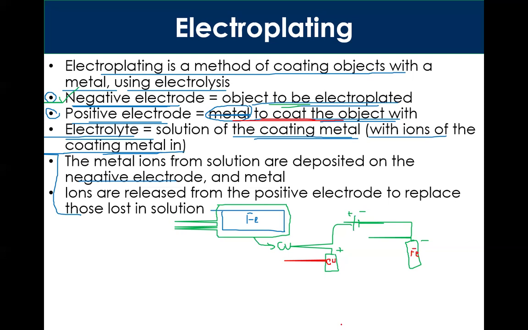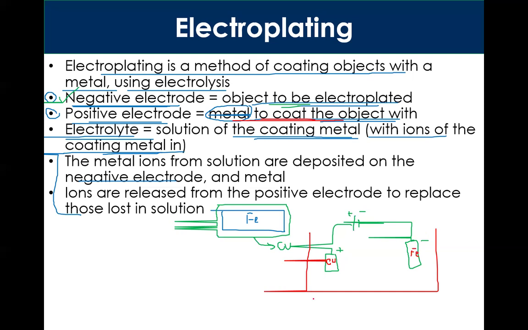Now what happens at the positive electrode? It cuts the object, and it loses its iron to the copper.